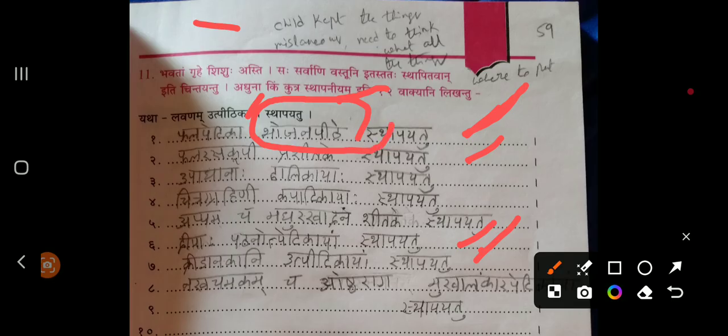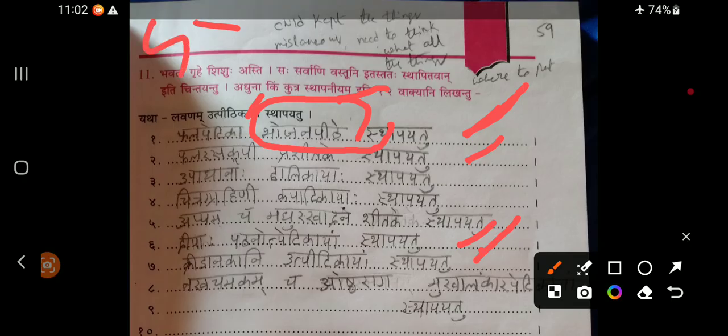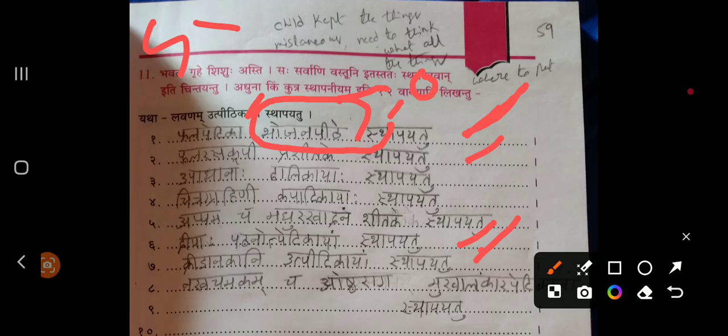Why did pite come here? Dining table is Bhojana pita, right? Because here we are creating a sentence, and Phalapetika became the subject and Bhojana pite became the object. As I told you earlier, the object has to be transformed into Saptami Vibhakti form. This lesson is entirely about Saptami Vibhakti, right?